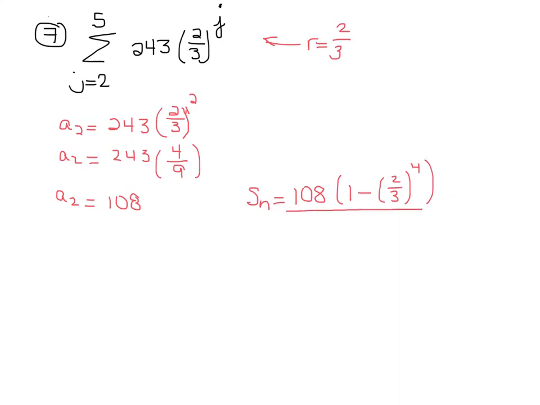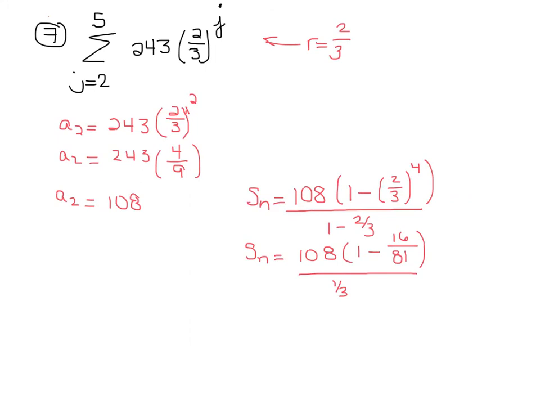All over 1 minus 2/3. S sub n equals 108 times the quantity of 1 minus, well, let's see, 2/3 to the 4th will result in 16 over 81. All divided by 1/3.